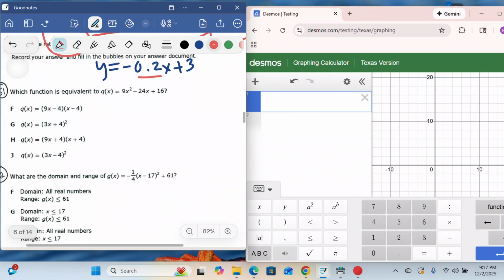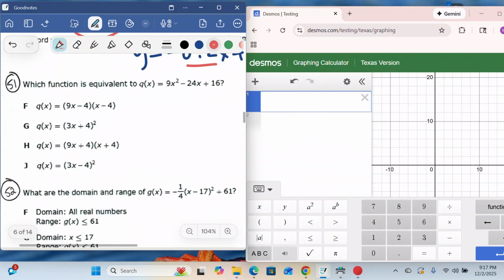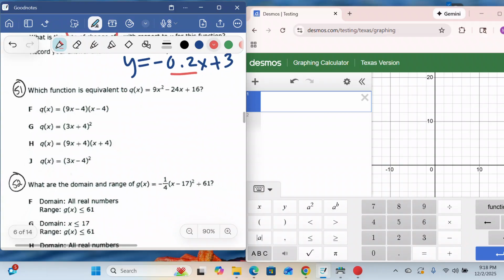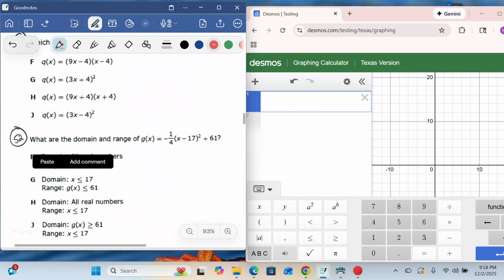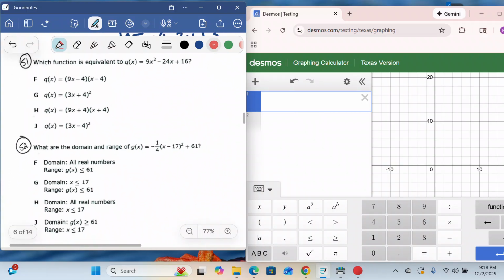If you want to try, the next one is a good one because it tells you which function is equivalent to q of x, where q of x is 9x squared minus 24x plus 16. And you've got to tell me, is it f, g, h, or j? The other one that you can also do is finding the domain and range of this one.